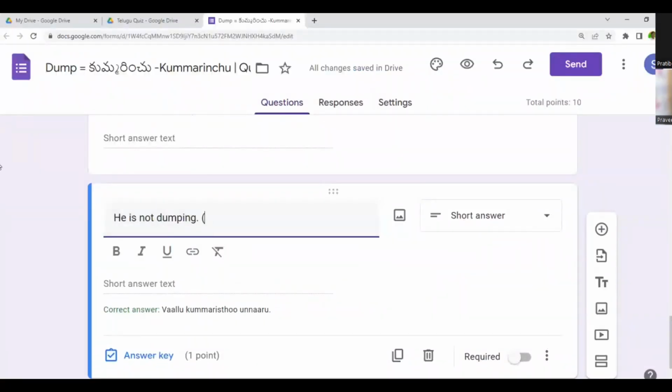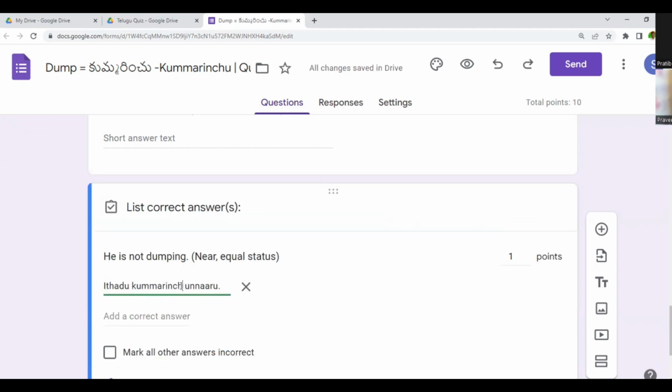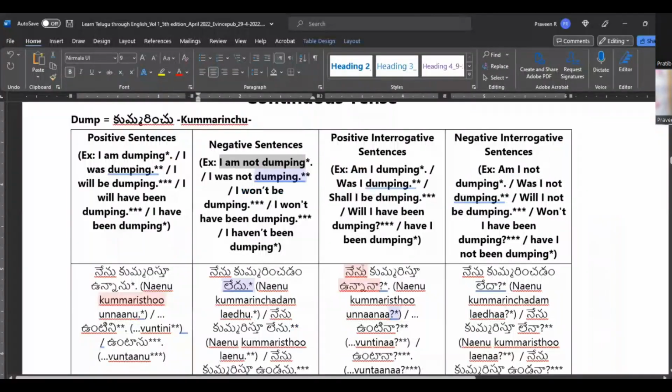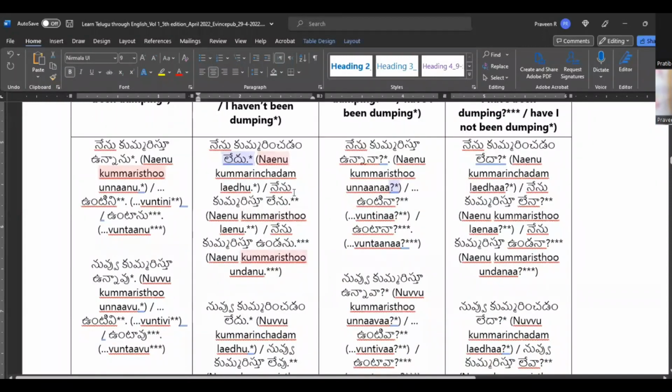Okay, so here I will write near equal status. Now change the subject and try. ఇతడు కుమ్మరించడం లేదు. And ఇతడు for ఆమె also it's కుమ్మరించడం లేదు. Yes, yes, it will not change. You can see the book here. For everything.